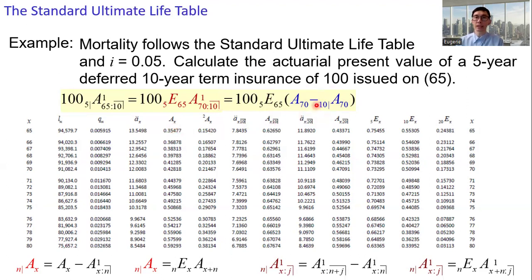And now we need to get an expression for the deferred insurance, 10|A70. Further decompose this, 10|A70 equals 10E70 times A80. And we can get 10E70 along this column, and then A80 this column. So we are done. We can get all the entries, 5E65, A70, 10E70, and A80 from the table.